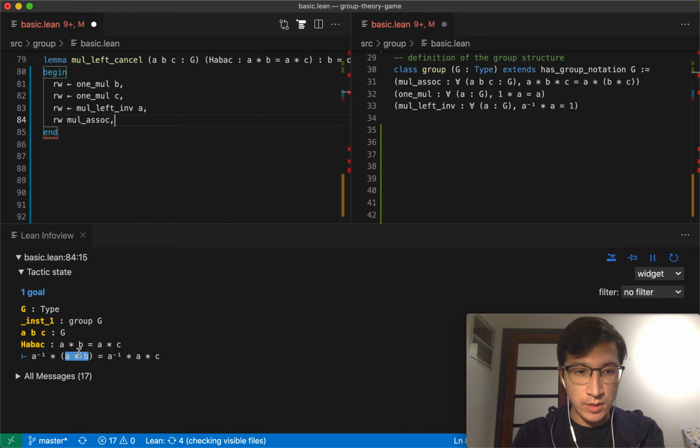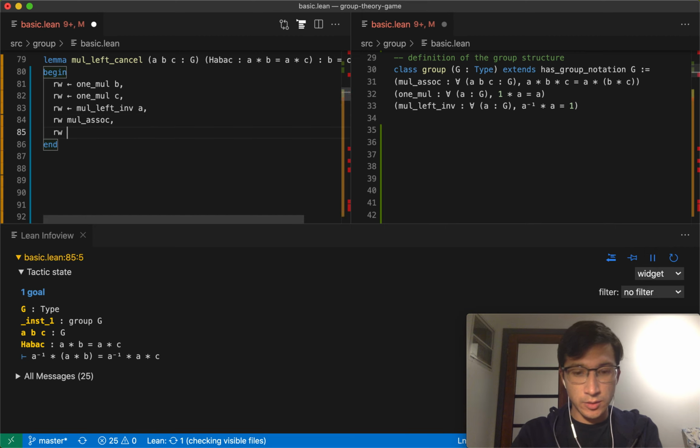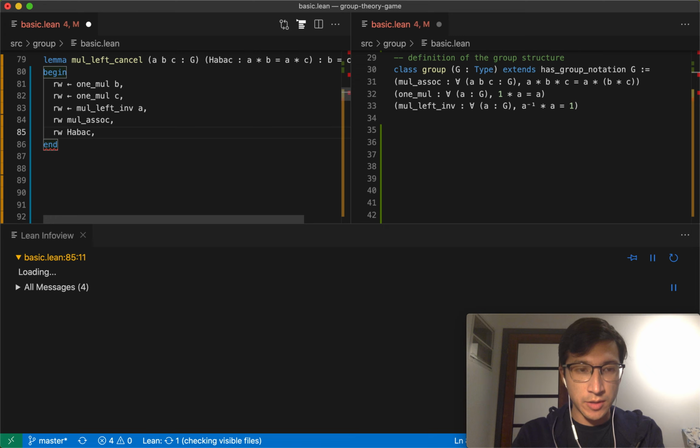So now we see that our multiplication is applied to a times b first, and we can finally do our rewrite of our hypothesis.